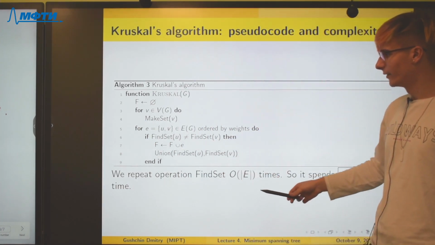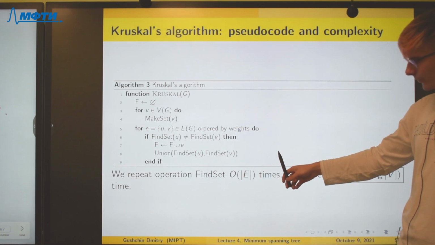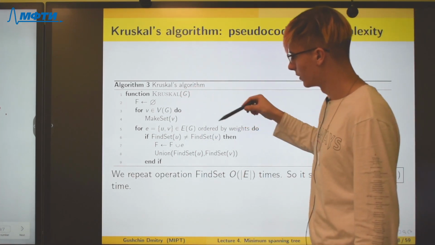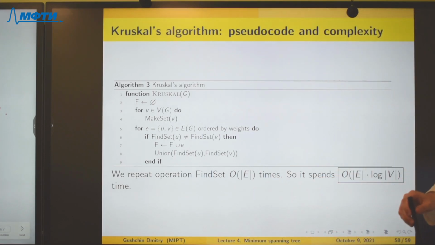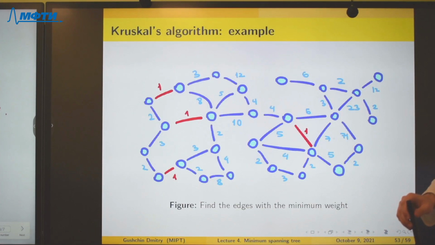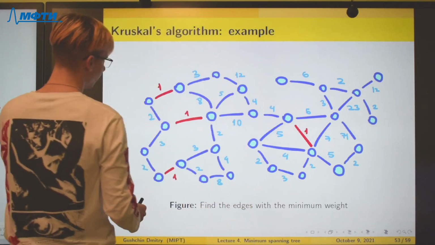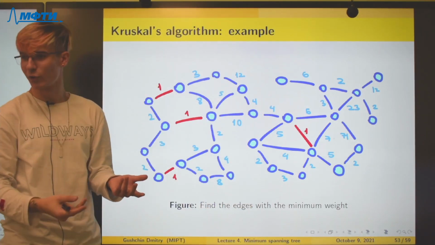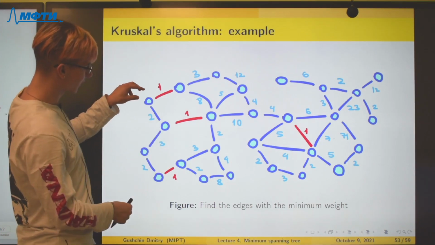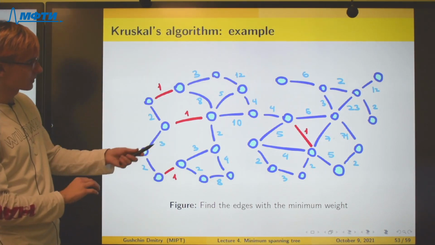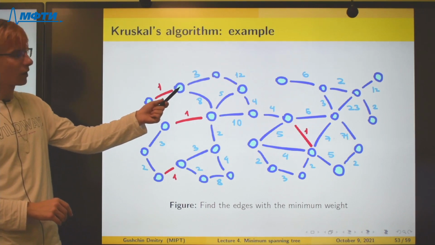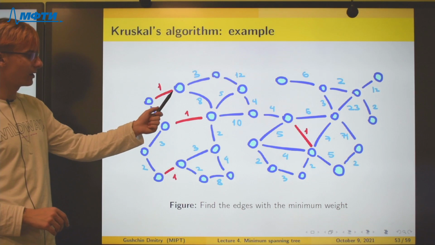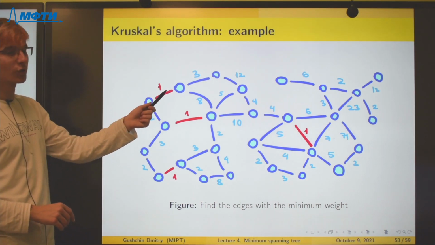Then we order all the edges by weights, and for each edge, for example, vertex U, this vertex V, we ask in the program whether they are in different components.